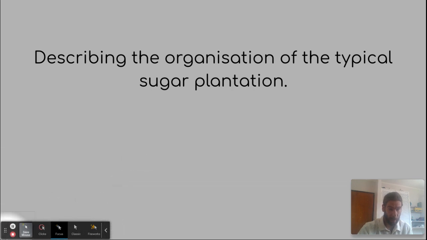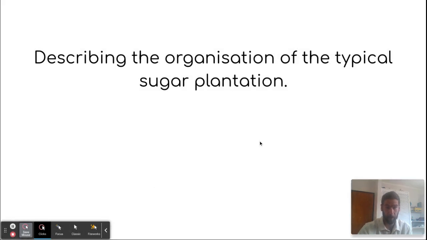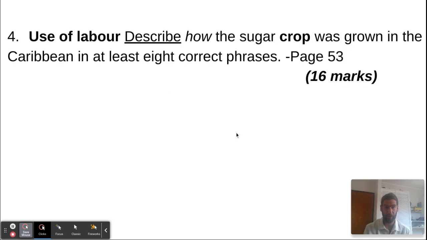Let's look at the next one, the next sheet. The typical sugar plantation. The use of labor. Describe how the sugar crop was grown in the Caribbean in at least 8 correct phrases.